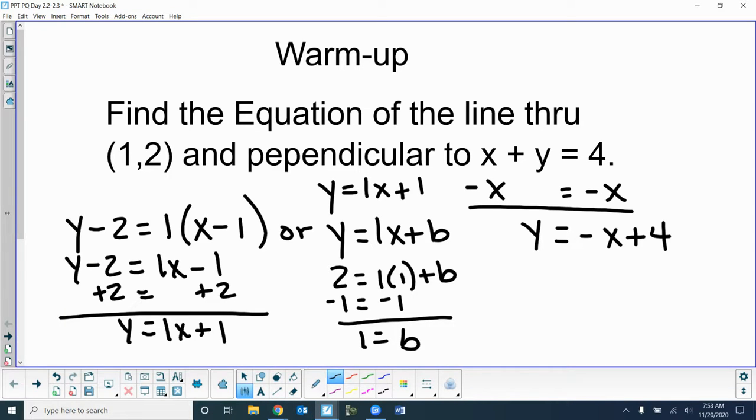We had to graph some absolute value ones and figure out where it was increasing, decreasing, or constant. And then slopes and equations of lines and some algebra stuff. So it's all on there. 14 problems. You've got all period to get it done, so you don't have to worry about it this weekend.